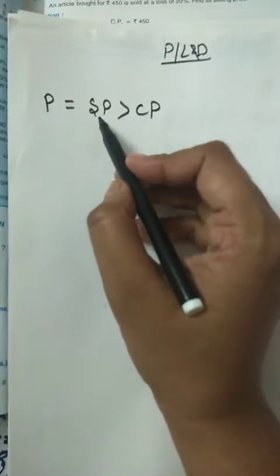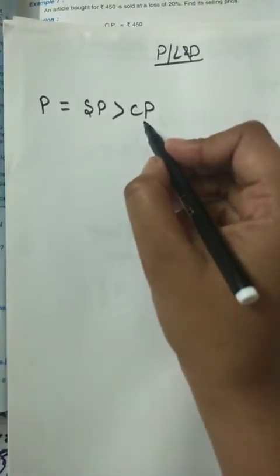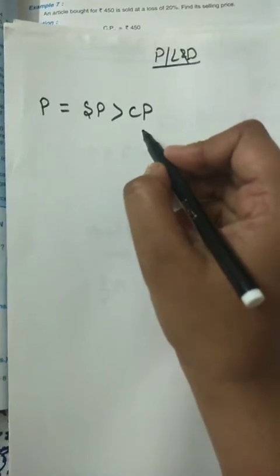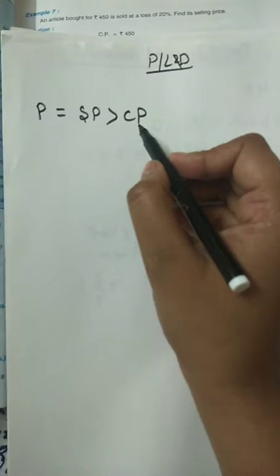Now what is selling price? Selling price is what we get when we resell something, and cost price is what we pay when we purchase some object from the market. When that object is resold, that is called selling price, and when it is purchased from the market, it is called cost price.